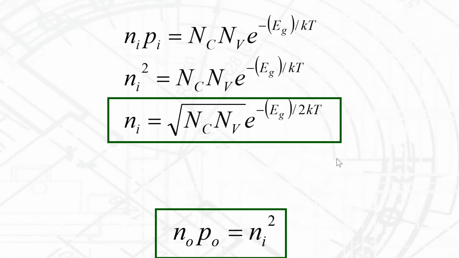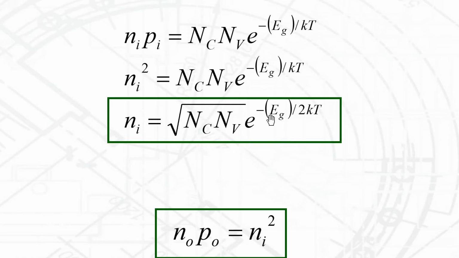The more states you have in the valence and conduction band, the more carrier concentration you're going to have. You have more parking spaces, so you're going to increase your carrier concentration. The band gap, notice that it's inversely proportional to the band gap. It's a negative exponential function of band gap, so it's a very significant function of band gap, exponentially related.